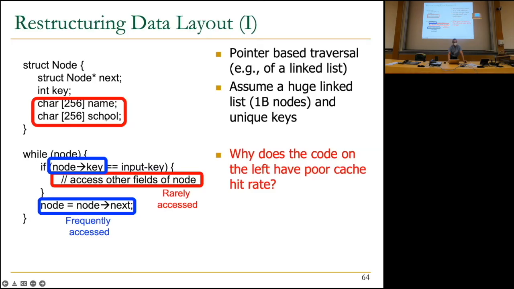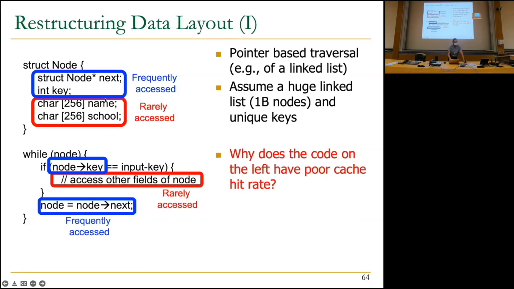Now, if you look at the layout of the code here, these are consecutive in memory. Rarely accessed stuff is consecutive with frequently accessed stuff in memory. So whenever you access next, whenever you access key, it hits probably, right? Because you brought stuff from next, assuming that there is enough time.